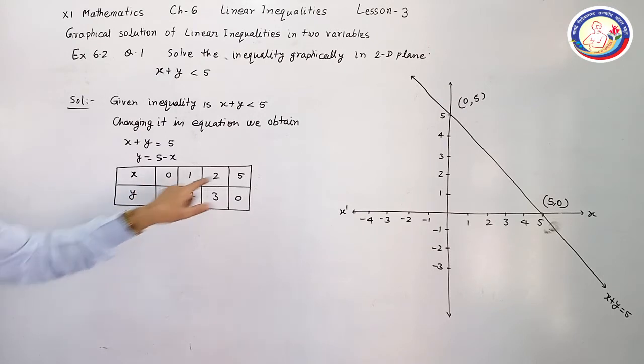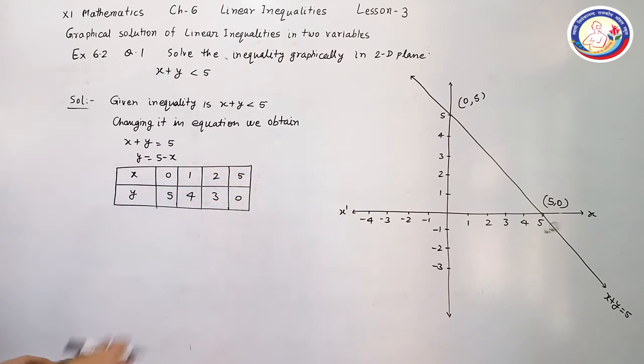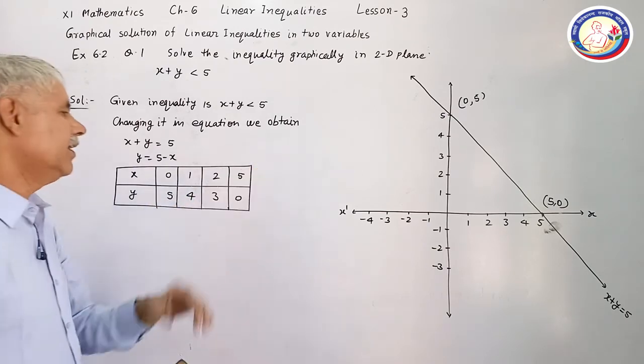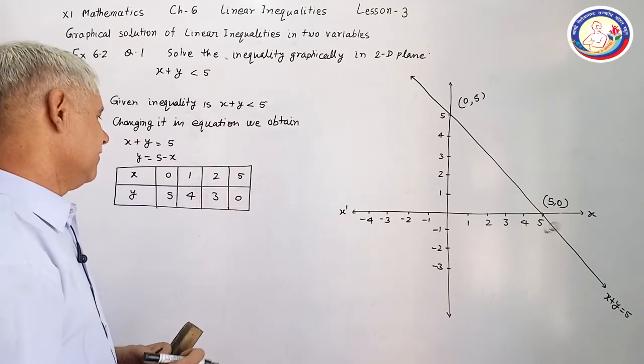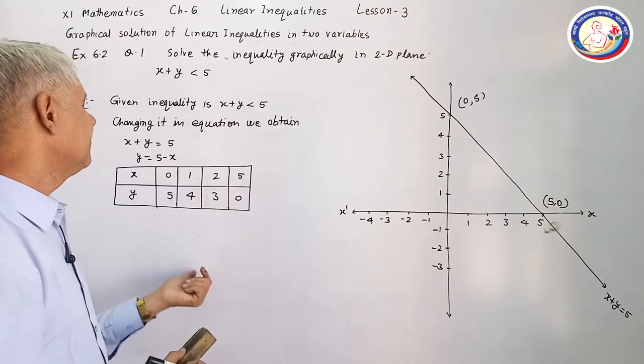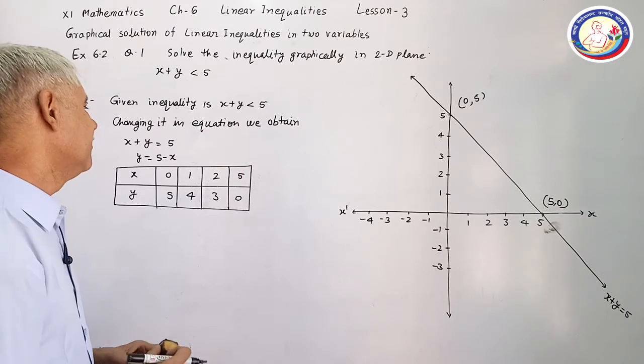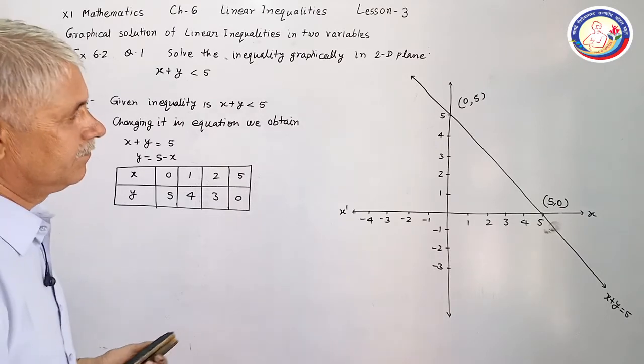So 0, 5 and 5, 0 are the solution of our equation. There may be infinite pair of solutions, but we have to take at least 2 and maximum 4. It will do our need.